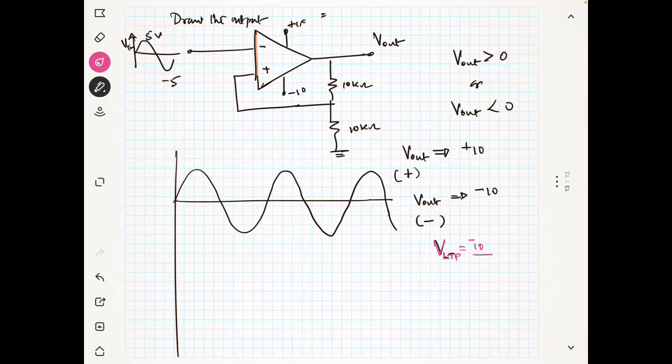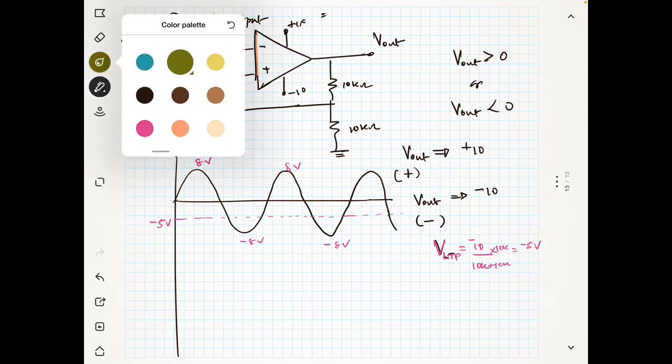So it's minus 10 divided by 10 kilo plus 10 kilo into 10 kilo, which is equal to minus 5 volt. So here I will draw my V. Okay, this voltage is not enough. I will change this to 8 volt and minus 8 volt. So this now becomes minus 5 volt.